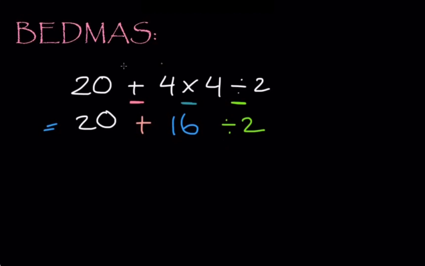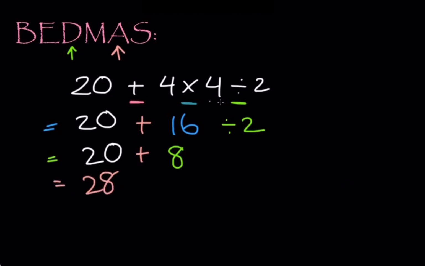The division, because division comes before addition. So now we put an equal sign again and rewrite it as 20 plus 16 divided by 2, which gives us 8. And now our last step is just to work out 20 plus 8, which is 28. And that is our final answer.